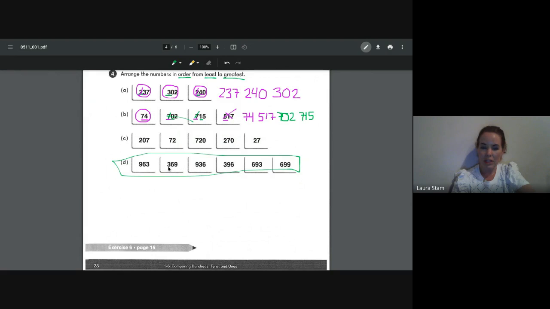So I'm going to start looking for and underline all these hundreds places. My smaller number, I've got 6s, 3s, and 9s. So I'm going to focus on these 3s first. Oh, goodness, they're super tricky.